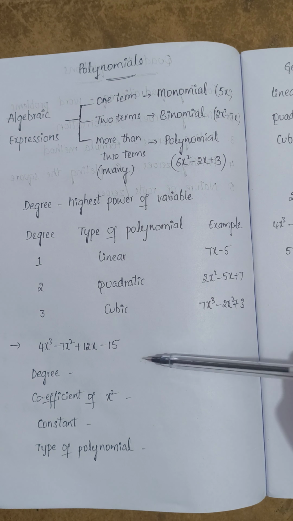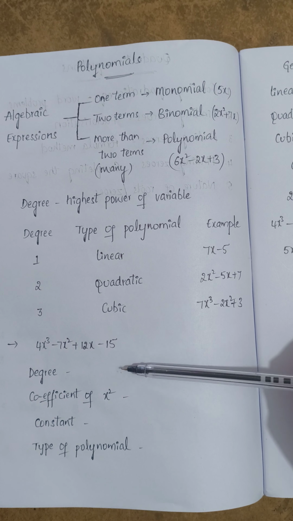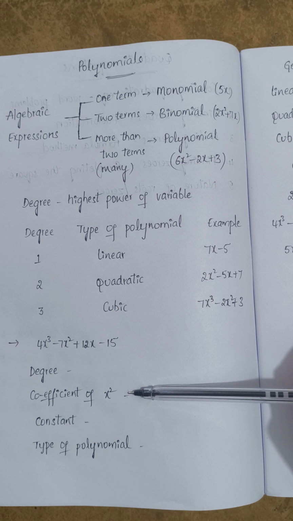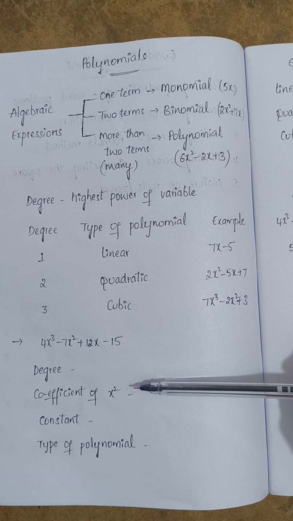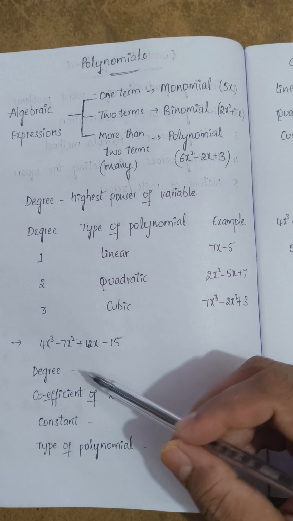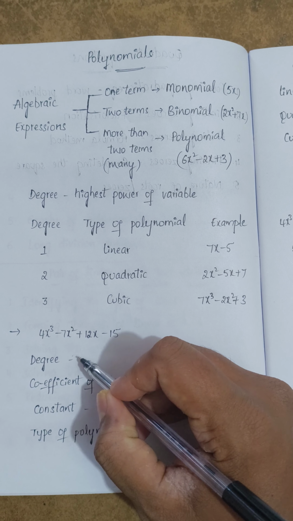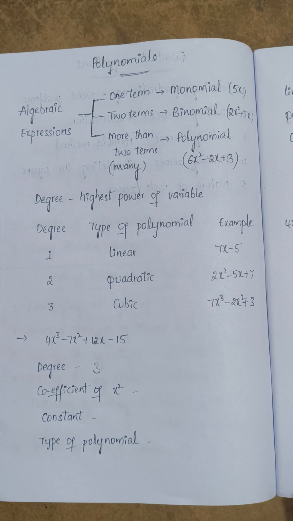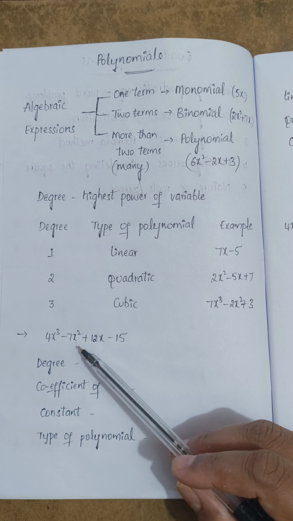Now for an exercise, I've got an equation. We can identify its degree, the coefficient of x square, the constant, and the type of polynomial. So let us go one by one. What is the degree of this polynomial? Because the highest power is 3, we can consider the degree as 3. Now what is the coefficient of x square? Here is the x square term.